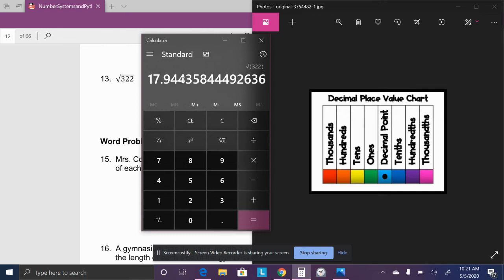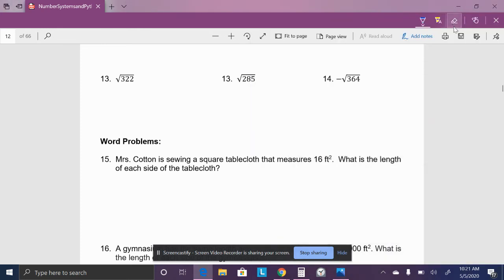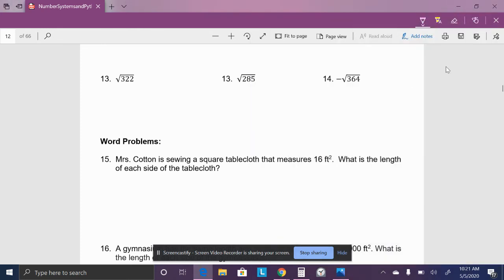So if I look in the 1,000 spot, that's this 4 right here. It's the 3, so it stays the same. So it's 17.944. So if I'm specifying what spot you have to go to, just be aware of that. Because it's good that we know our decimal spots.